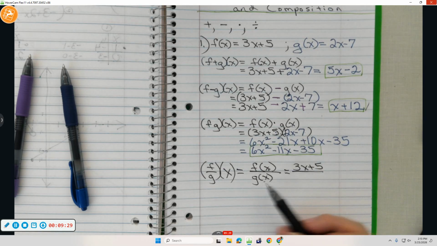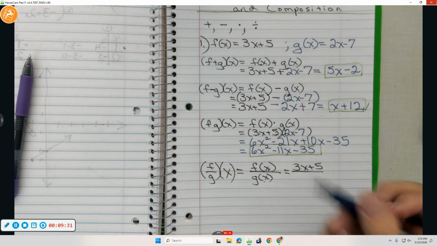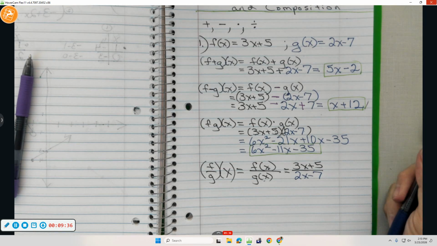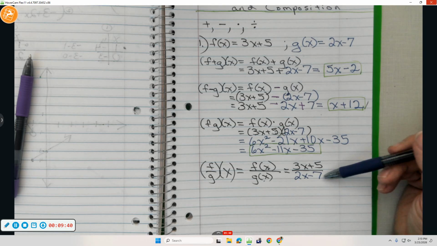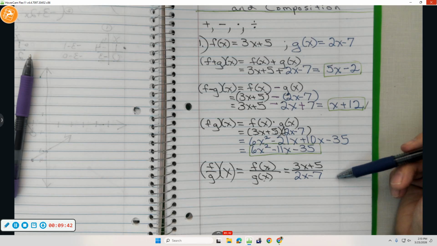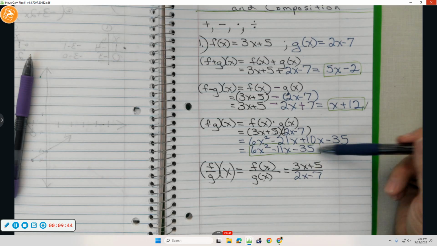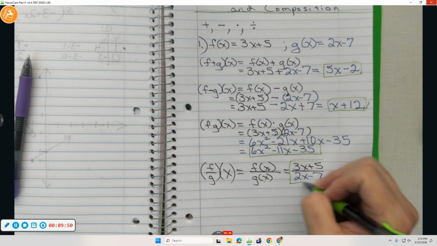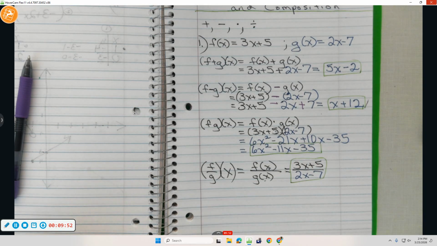G of x was 2x minus 7. And normally we'd try to factor and cancel. Do we have any common factors? Could these things even be factored? Nope. There it is. You're finished. So in this case, division was probably the easiest one of all.